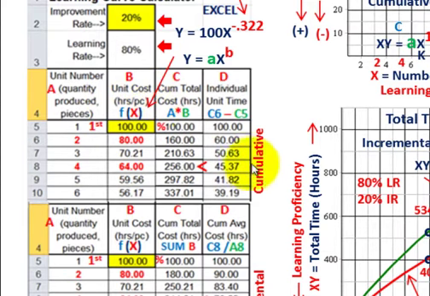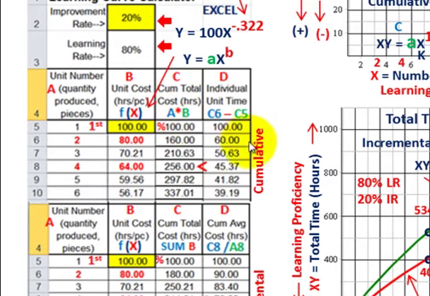So for our cumulative model, of course, that's the f of x I'm showing here. We start out with a unit time of 100, and then using our learning rate of 80%, our exponent b that we're raising it to, our second unit comes down to 80, third unit 70.2, and so forth. But the key is this cumulative total time.